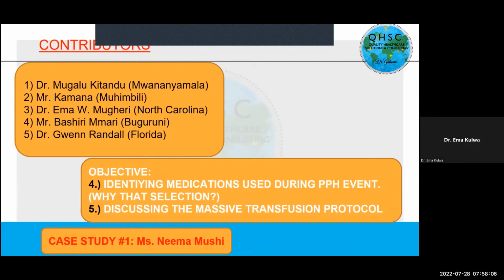You could give it IM, 0.2 milligrams one time. I'm not sure if you have that in Tanzania. However, it is contraindicated if somebody has a history of high blood pressure, because the Methergine can increase the pressures even more. And then the other option that we have is called Hemabate.